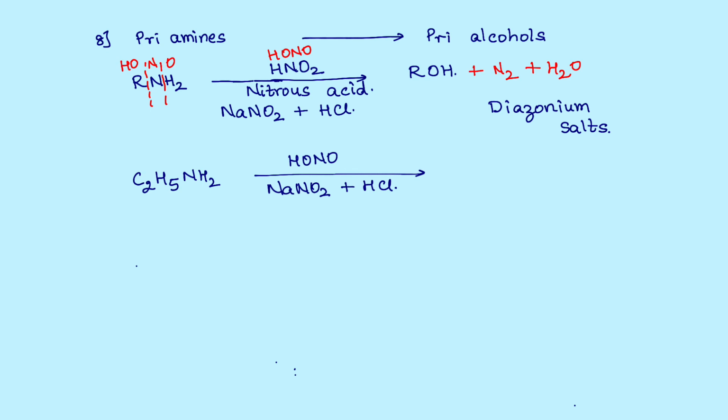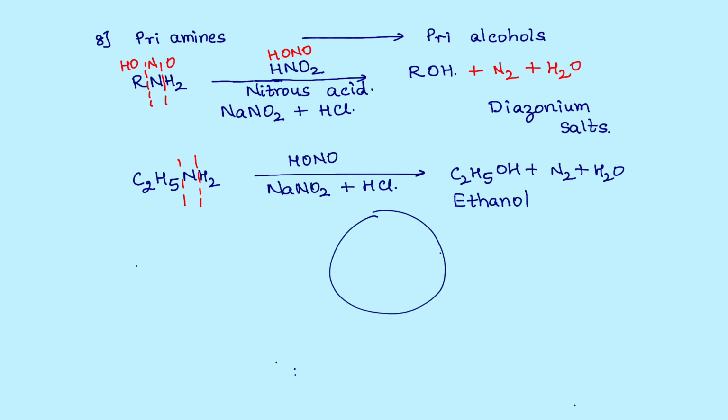What do we get? Break it down in the same way, HONO. What do you form? C2H5OH plus nitrogen plus water, and there we form ethanol.